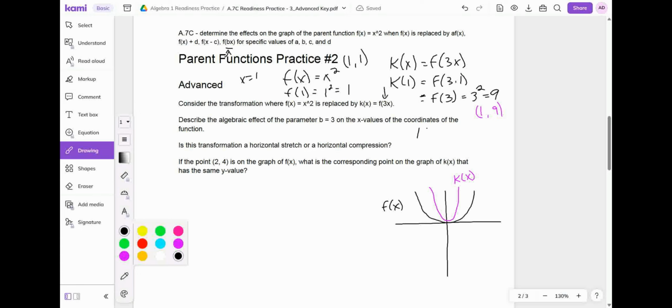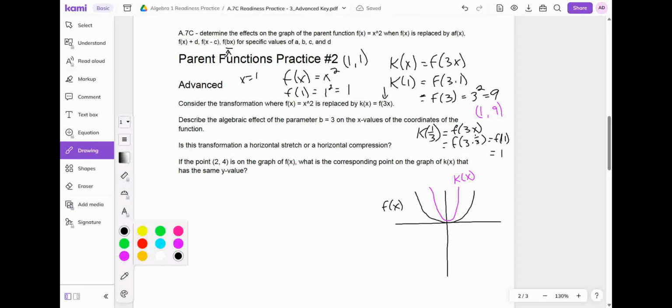If I were to get k of 1/3, I'd have to plug in 1/3 to get my f of 3x back to 1, because then that would be f of 3 times 1/3, which would be f of 1, which would finally get me back to 1. So when that b term is inside the parentheses, you actually have to think reciprocals, okay?